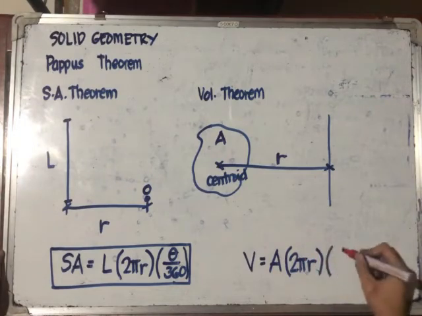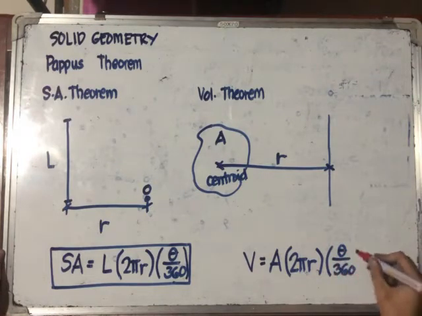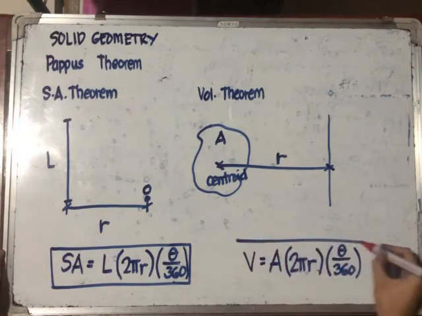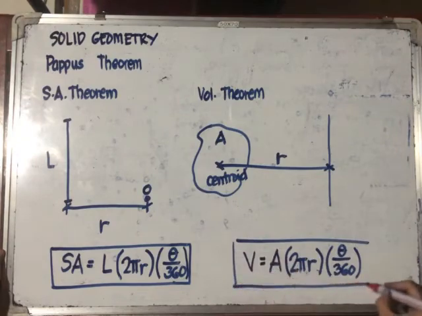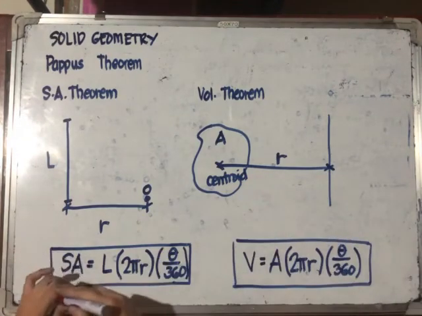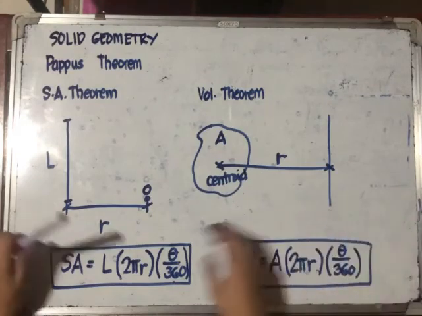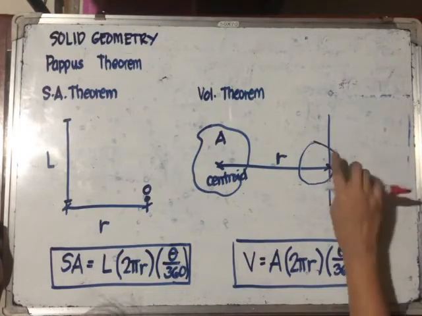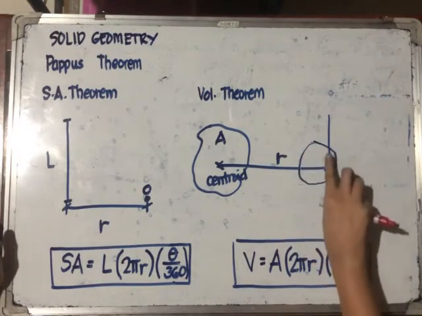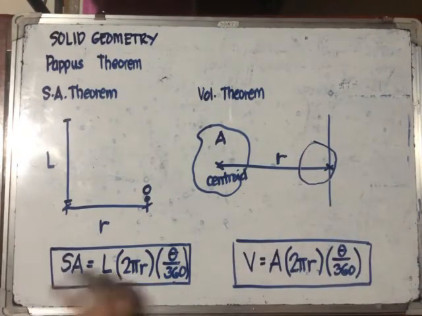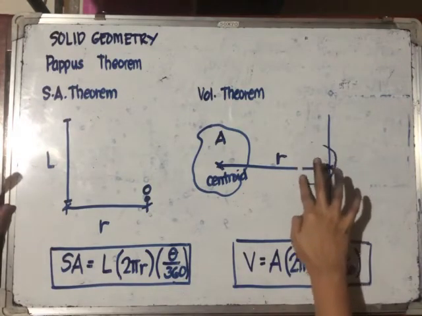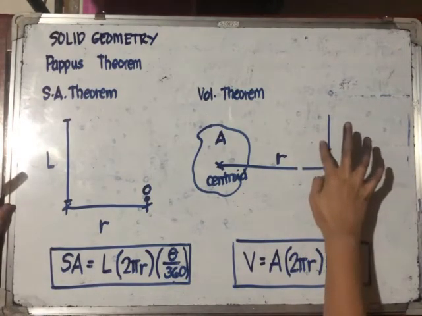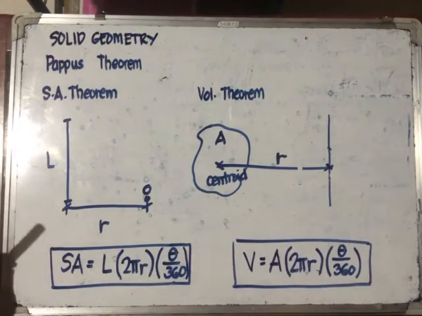If hindi mo naman siya full circle rotate, meron tayong theta over 360. So this is a general lang na assuming ito na hindi sila nag-overlap, yung mga sections na hindi nag-overlap sa each other. Kasi 'di ba may mga portion na minsan nandito na yung area sa may axis of rotation. So kung i-rotate mo siya, merong volume na duplicated doon. But itong kay Pappus, parang general ito na hindi natin muna i-consider na nag-overlap yung ibang portions ng naro-rotate natin.